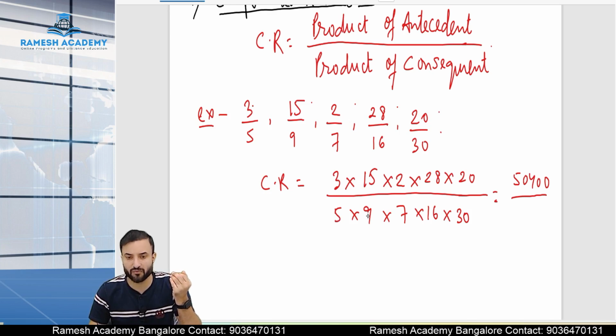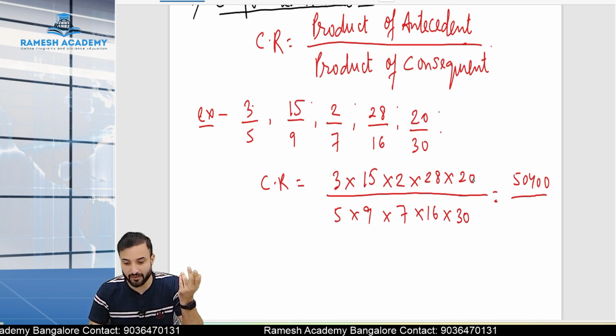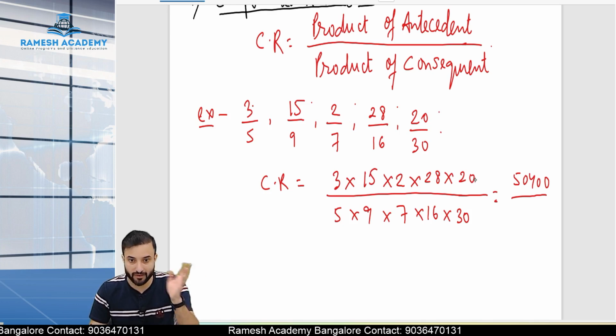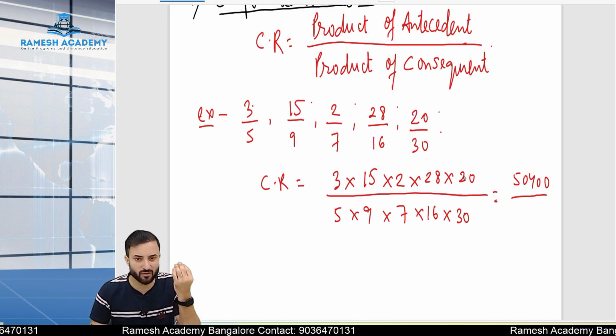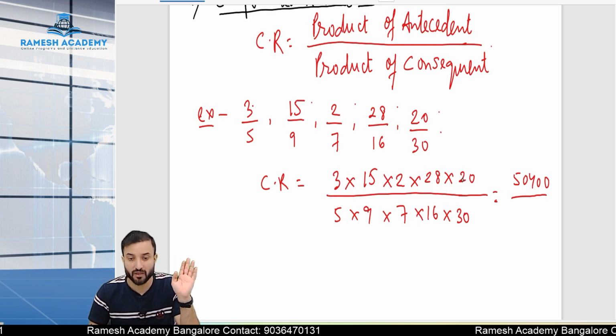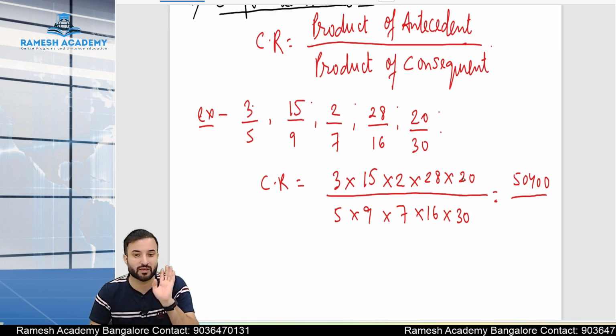Guys, for easy types of calculation, please don't use the calculator, you will waste the time. Like 5 9s are 45. So 3 into 15, 45, 45 into 2, 90, 90 into 20, 1800. For this type of easy calculation, you can do it directly. But if you are not confident, please use the calculator.